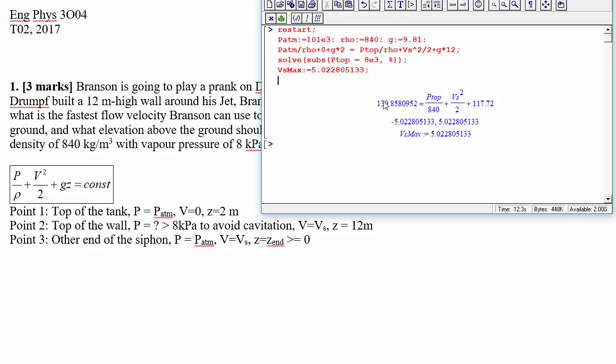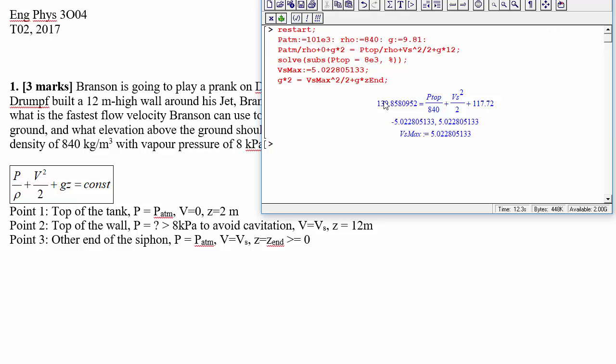We've got 0 on the left, and on the right, we're going to have 2. So let's say g times 2 meters is equal to Vs max squared over 2 plus g times Z end.